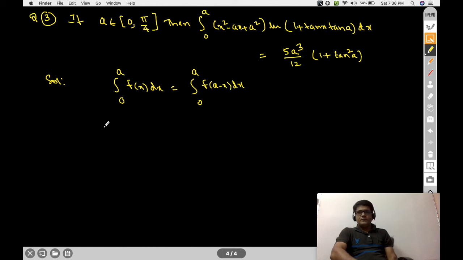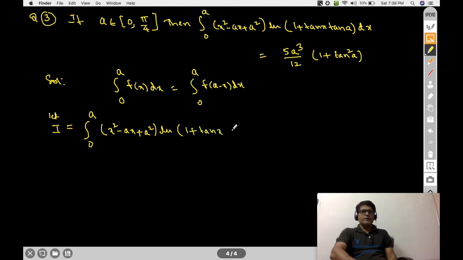So first, let I be the given definite integration, that is I is equal to integration of 0 to a x square minus ax plus a square into ln of 1 plus tan x into tan a dx. Call this number 1.